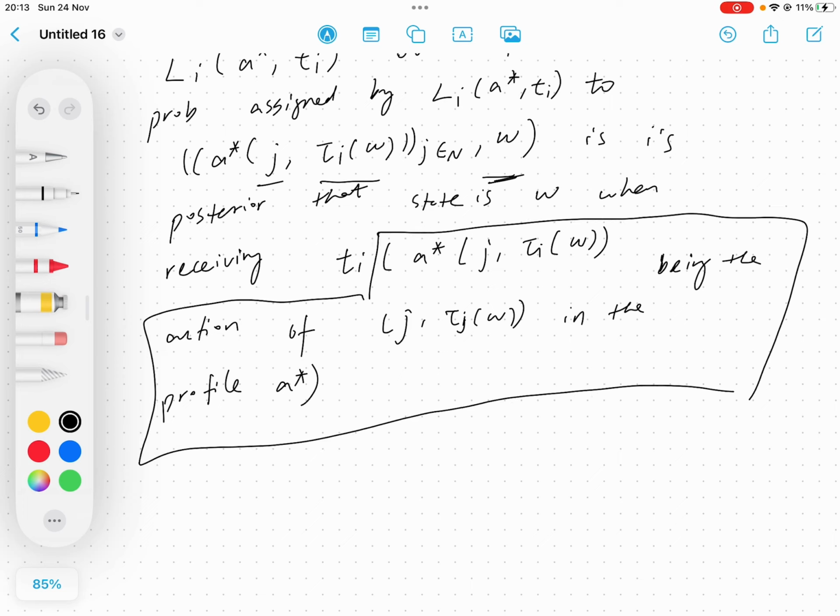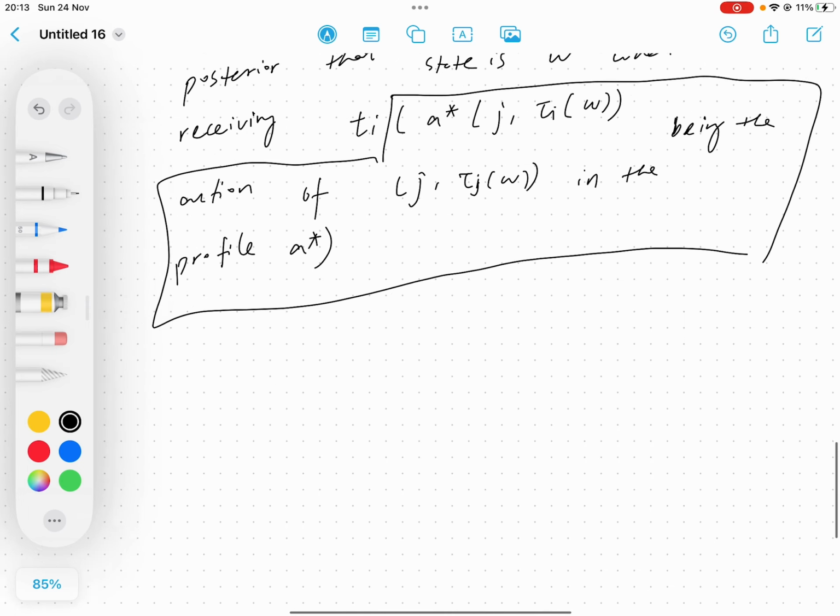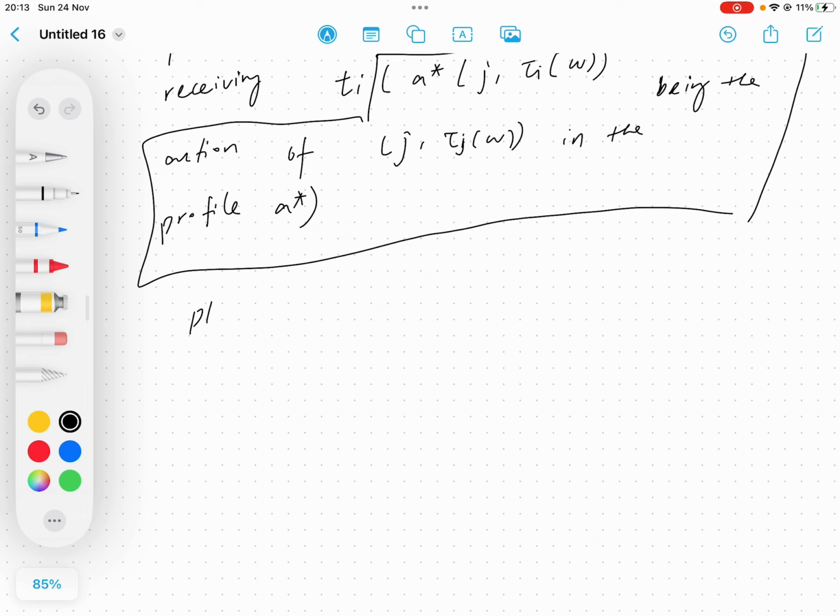Good. So here player i, t_i, in the strategic game, prefers the action profile a star.